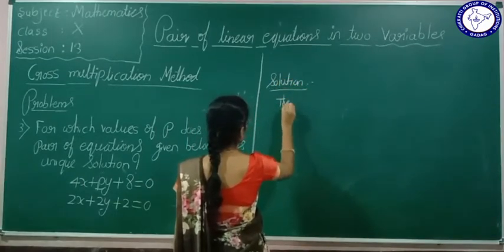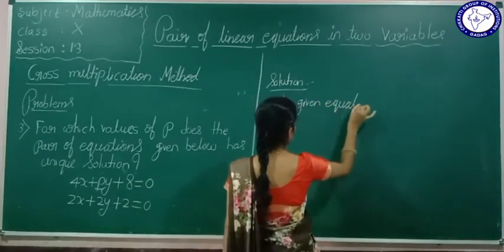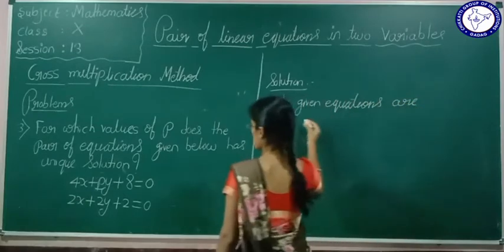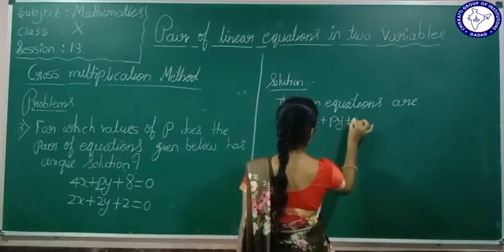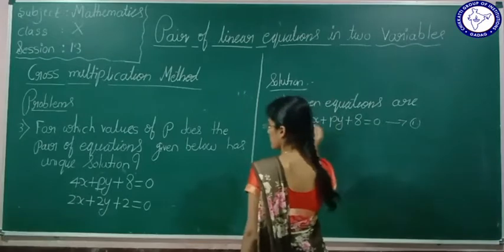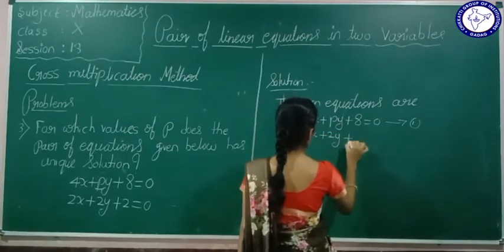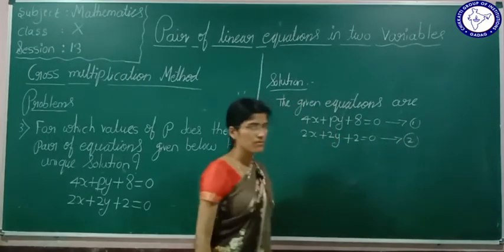The given equations are 4x plus py plus 8 is equal to 0, call it as equation number 1. 2x plus 2y plus 2 is equal to 0, call this as equation number 2. Okay.